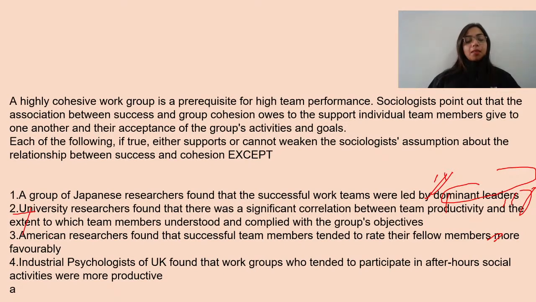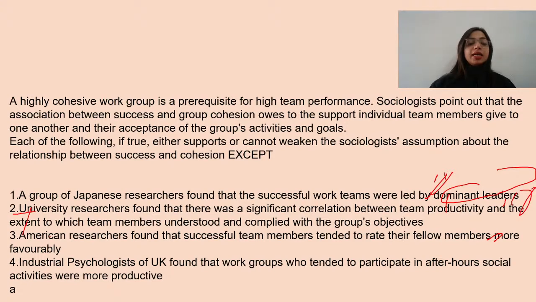But even this shows how team members are encouraging each other, favoring each other, and that is leading to the success of the team as a whole. So this is also supporting the argument.